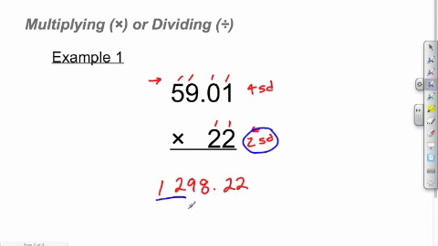My first 2 significant digits here are the 1 and the 2. This 9 is going to round that 2 up to a 3. And then I'm going to drop all that remains. I have 2 digits here that were before the decimal point, so I'm going to replace those digits with zeros. So my answer is 1,300.